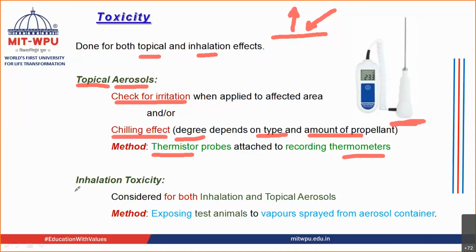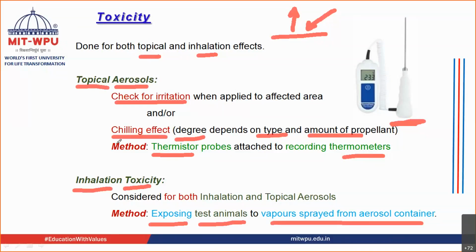Now, if it is an inhalation aerosol or even if it is a topical aerosol, the next thing that you carry out is the toxicity testing. How do you determine the inhalation toxicity? By exposing the test animals. You take animals and you expose these animals to the vapors of your aerosol containers.